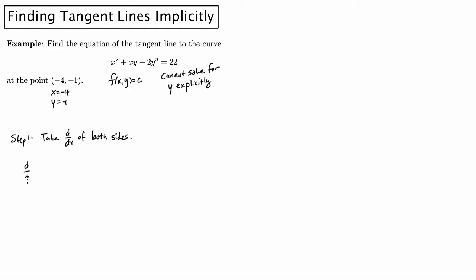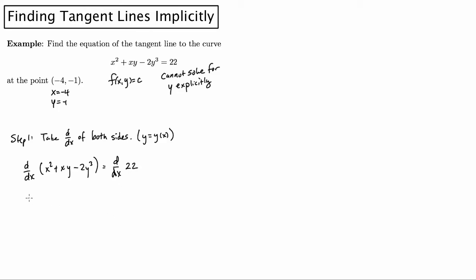I'm going to take the derivative of the left-hand side and the derivative of the right-hand side. And I should add that when I say take the derivative of both sides, I'm regarding y as a function of x. So if I take the derivative of y, I have to include the chain rule in that calculation. The right-hand side is the derivative with respect to x of 22.